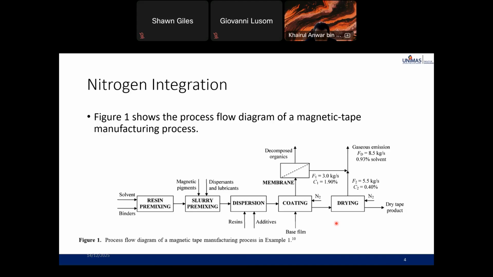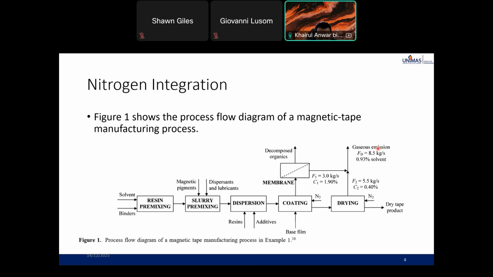The dryer exhaust gas has a flow of 5.5 kg per second and a solvent concentration of 0.4 weight percent. The two exhaust gas streams are mixed here, and this also goes to the incinerator.